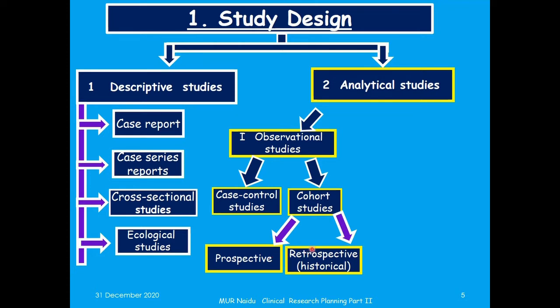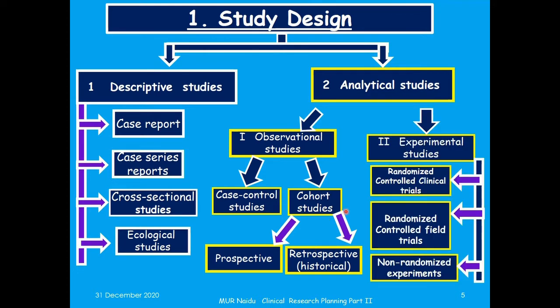The second type of analytical study includes what is known as experimental study, which includes randomized controlled clinical trial, which are mostly conducted during the development of phase 2 and phase 3 clinical trial. The next is randomized field trial.